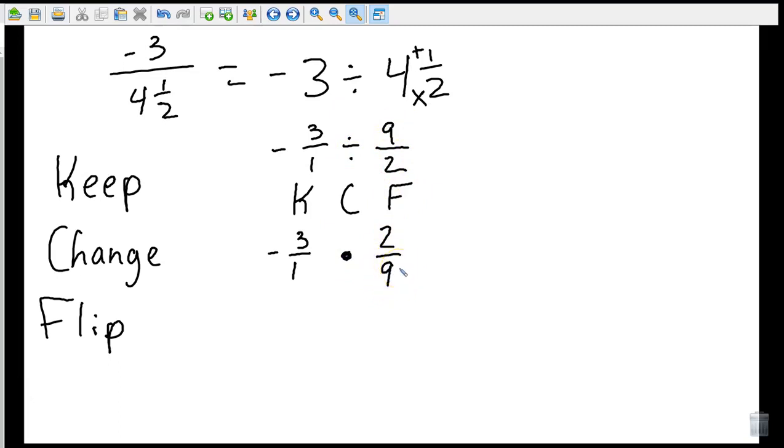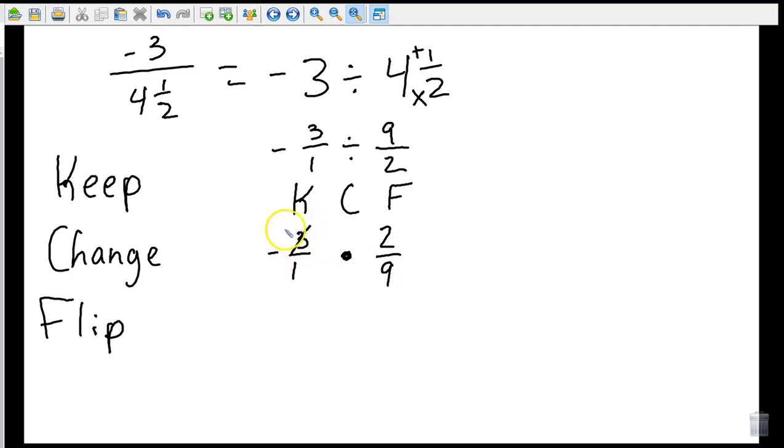All right. So, I can simplify this right now instead of multiplying and then simplifying in the end. So we can cross simplify across from each other. 1 and 2 do not cross simplify, but I can cross simplify with 3 and 9. The GCF, greatest common factor, between 3 and 9 is 3.